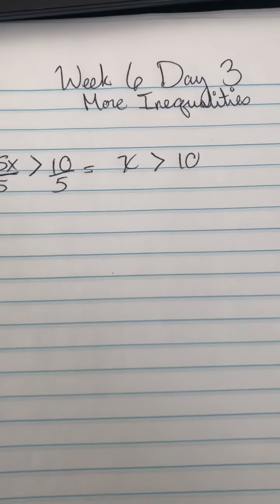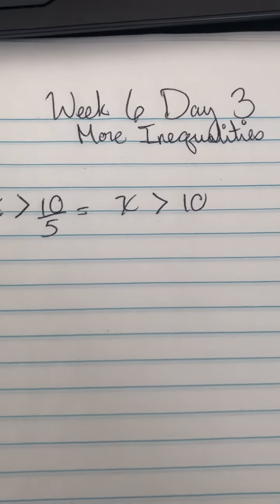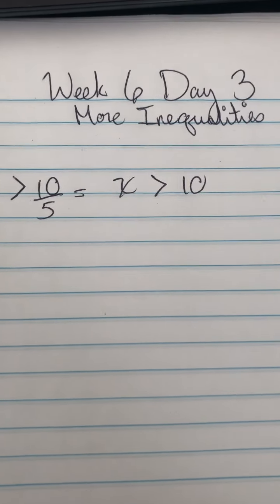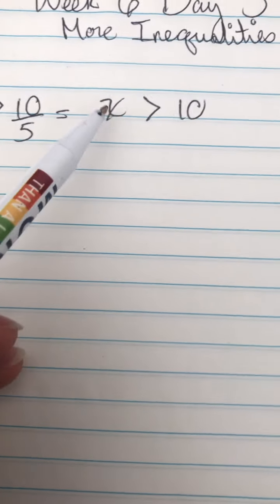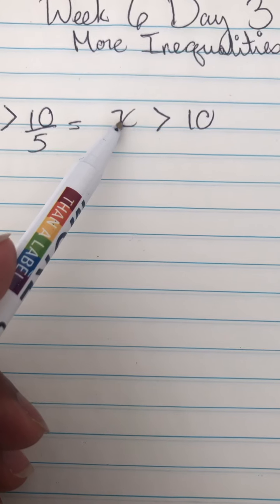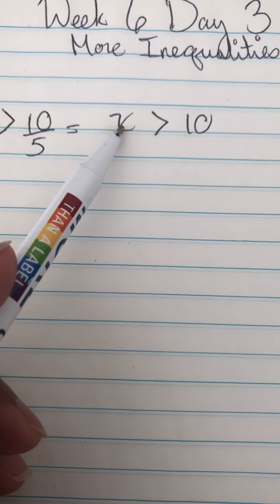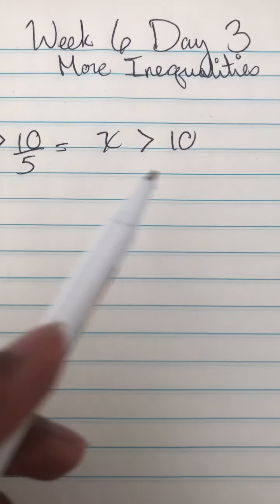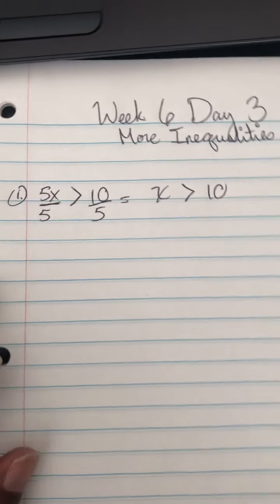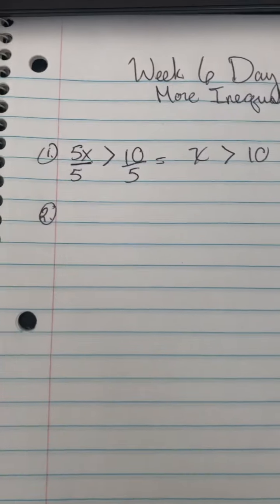So on Monday, when we talk about graphing, this basically says that any number that is greater than 10, x could equal. So in this situation, we could say x could be 35 because x is greater than 10. So any number greater than 10. Keep that in mind as we go further along to the second half.